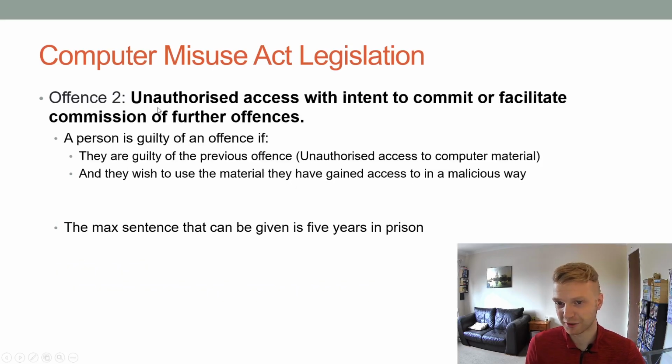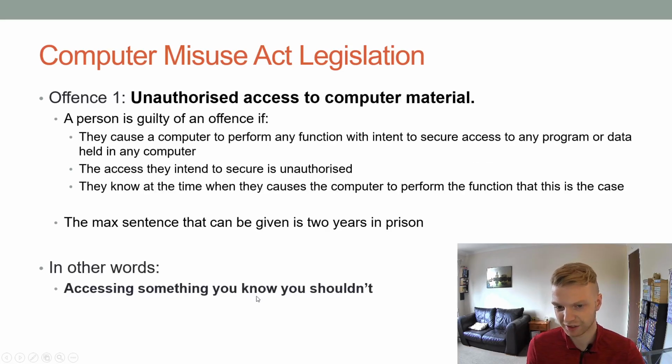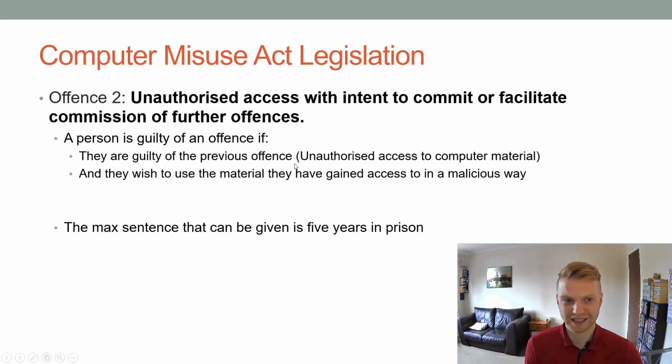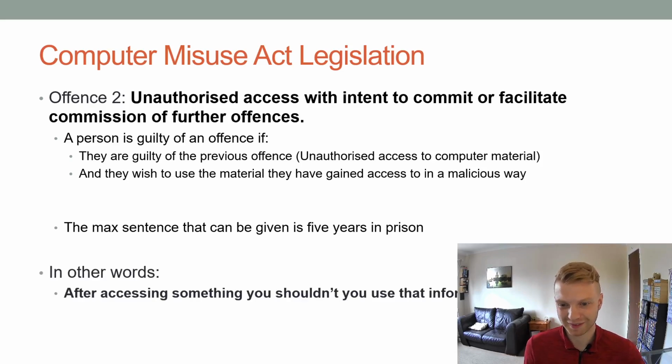On offence 2, offence 1 is just accessing something you know you shouldn't. Offence 2 is, once you've accessed it, you then go and commit a further crime. You see that information, and maybe you sell it, or I don't know what else you do with it. You use the information that you see on a system for another crime.